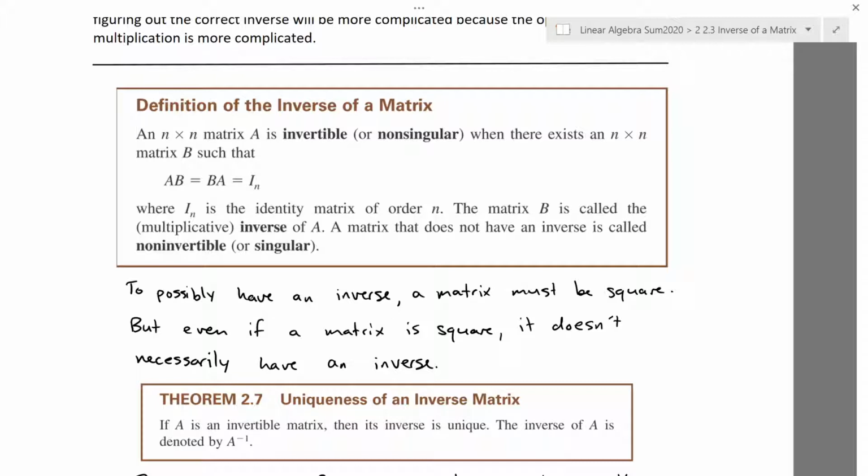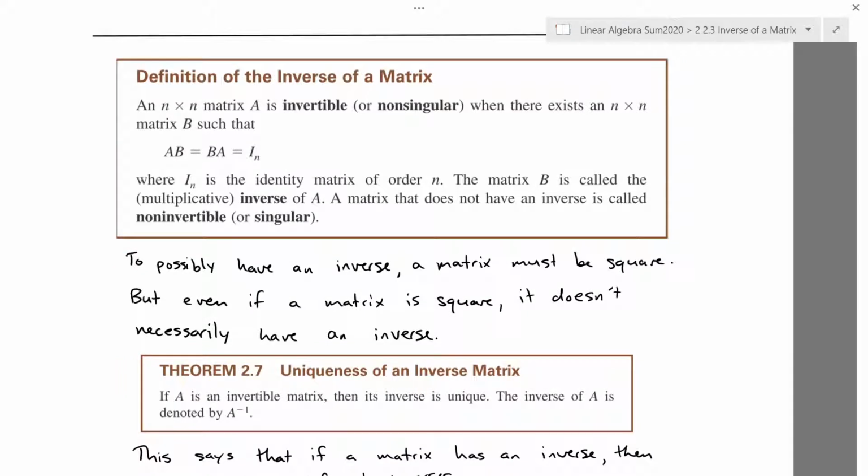A matrix that has an inverse is called invertible or non-singular, and a matrix that does not have an inverse is called non-invertible or singular. Again, for a matrix to possibly have an inverse, it has to be a square matrix. But just because a matrix is square doesn't necessarily mean that it has an inverse.